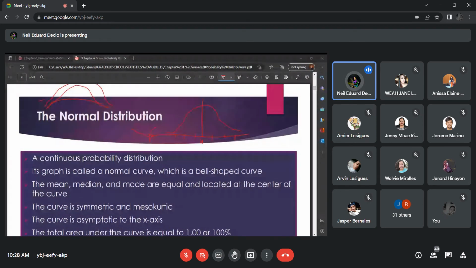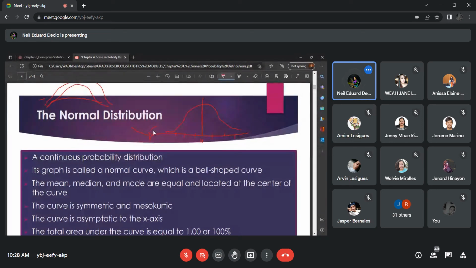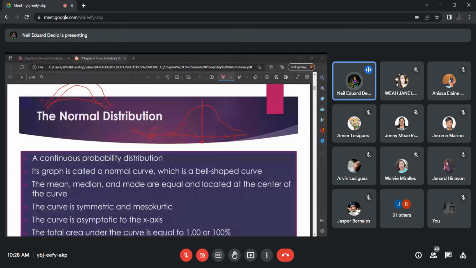Asymptotic relationship, meaning it's approaching that line, but then it will never reach that line. Getting closer and closer to, but would never actually meet. Ganon yung asymptotic relationship. And then the total area under the curve is equal to 1.0, or in percentage 100%.